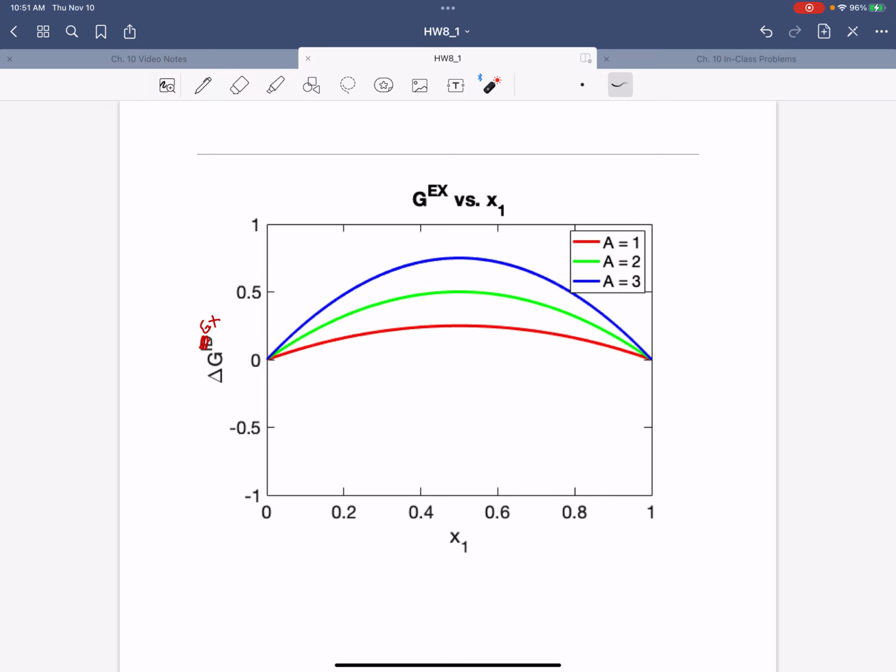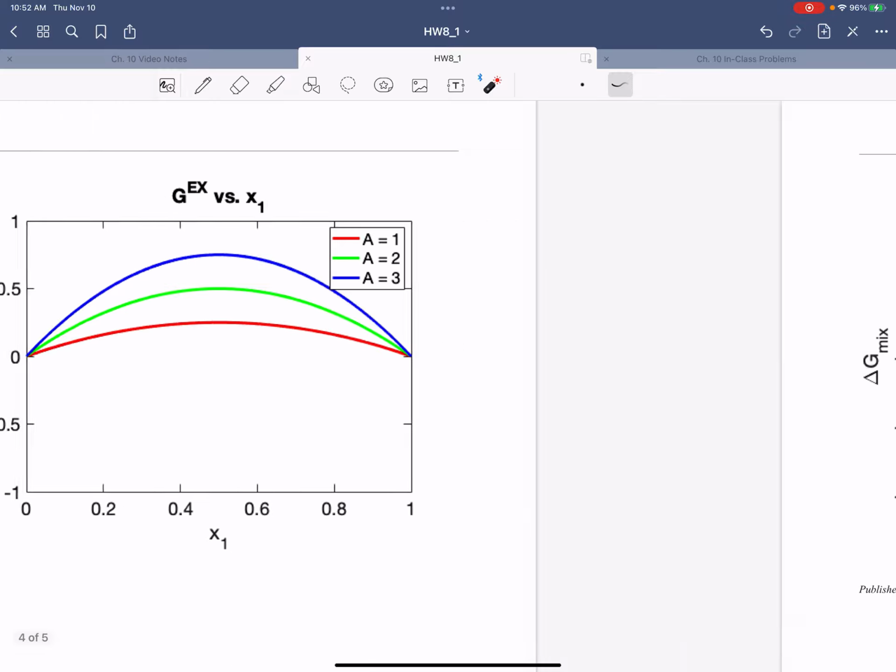And so we see that this excess term actually increases the Gibbs energy in our system, right? We have an upside down parabola. And that, as we increase our A value, as we go from 1 to 3, we increase the magnitude of that upside down parabola, right? And so this excess Gibbs energy is always going to have a positive contribution towards the overall delta G of mixing. Okay?